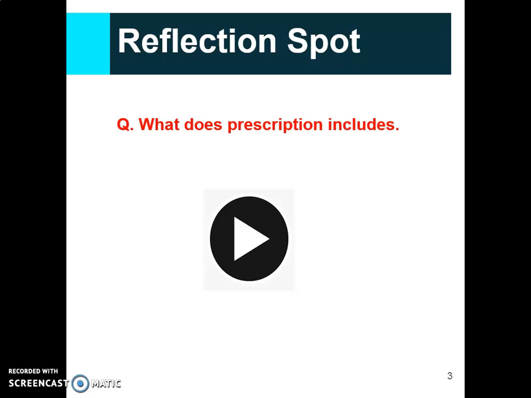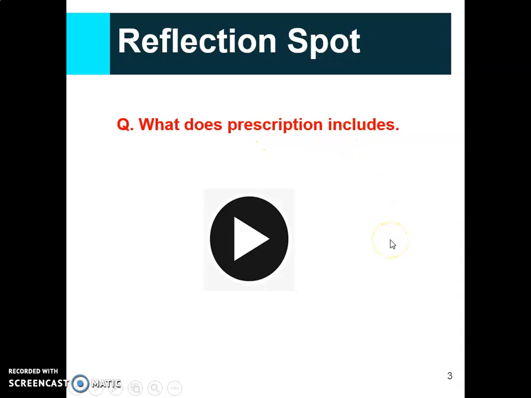Now, here is the reflection spot. Have you seen a prescription, if you went to the hospital for treatment? If yes, now let us reflect and think on this question: what does a prescription include?